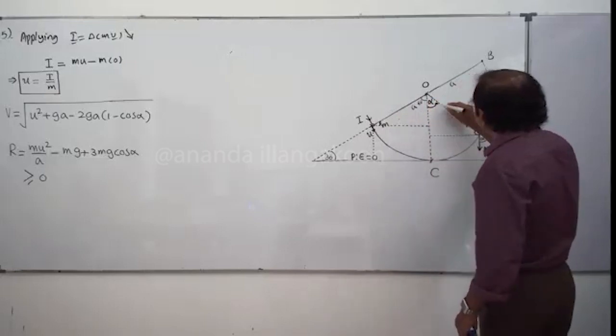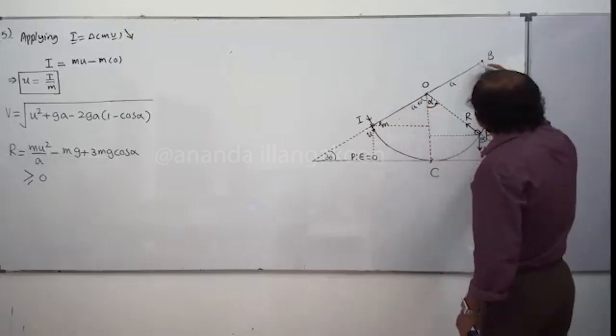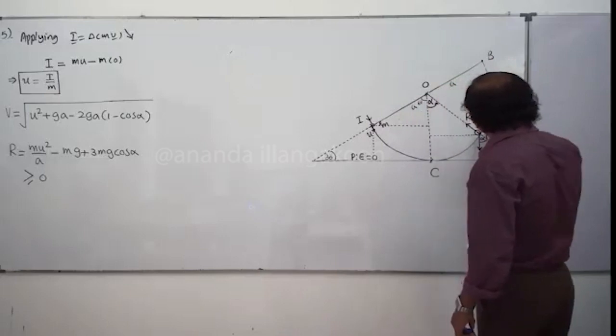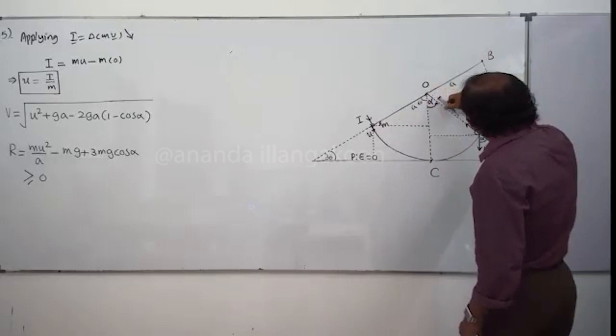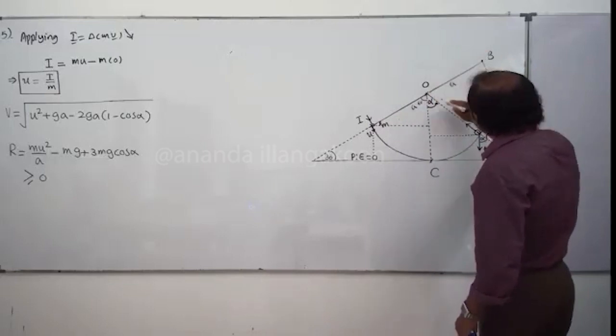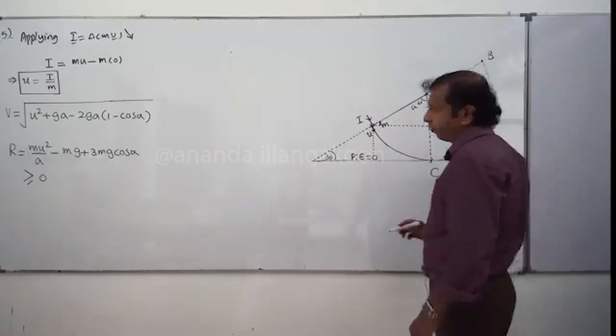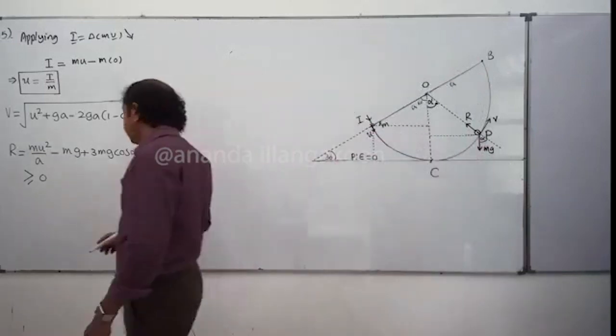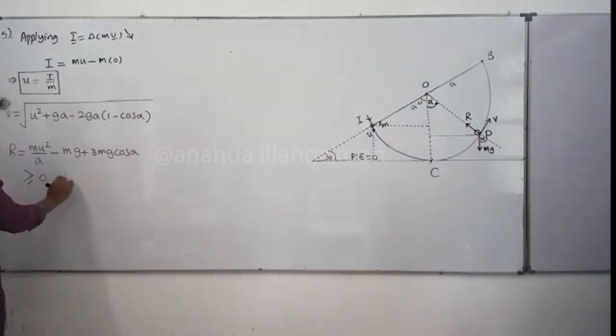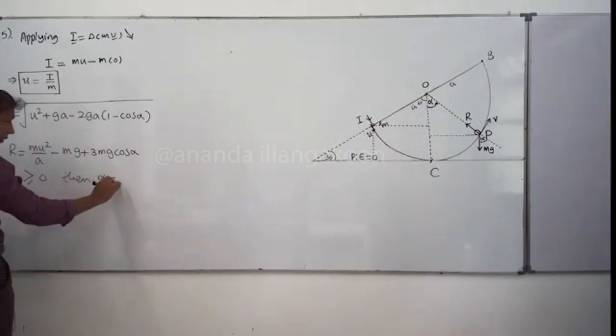When the particle is here, if OP turns this way and this line OP will be on OB, giving this alpha 120. Alpha 120, right? So therefore, alpha is 120.